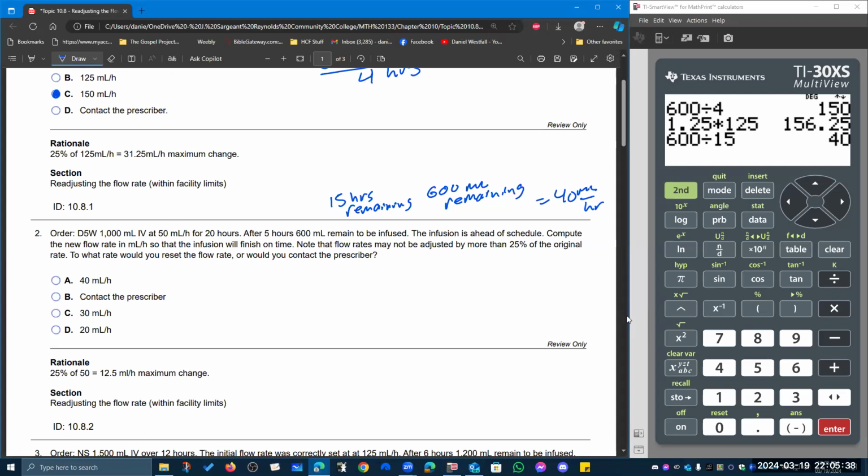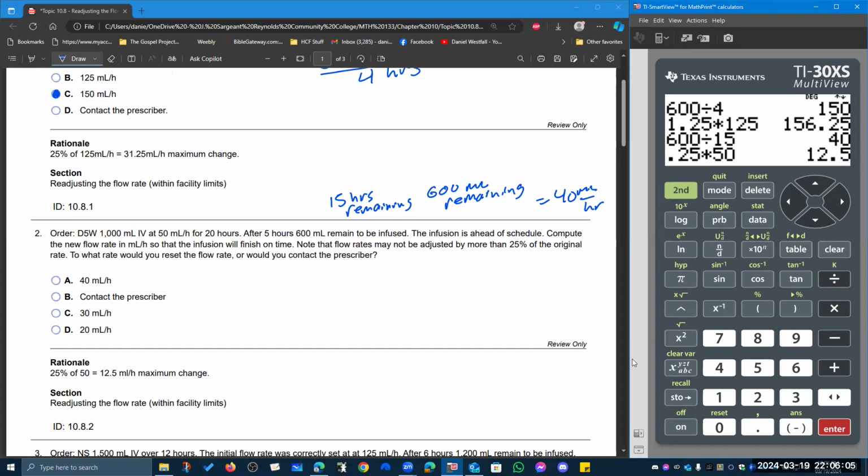And so we're ahead of schedule, right? We want to see what 25% of 50 is. That's 12.5, so we can go plus or minus 12.5.